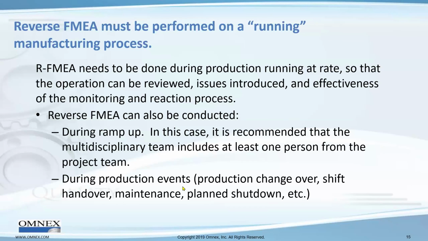So we can take advantage of downtime and ramp ups, but we just have to be careful that the process has to be running at rate. You can't just go down there when the process is down and there's no operators and try to evaluate the ability for the process to prevent problems or to detect them.